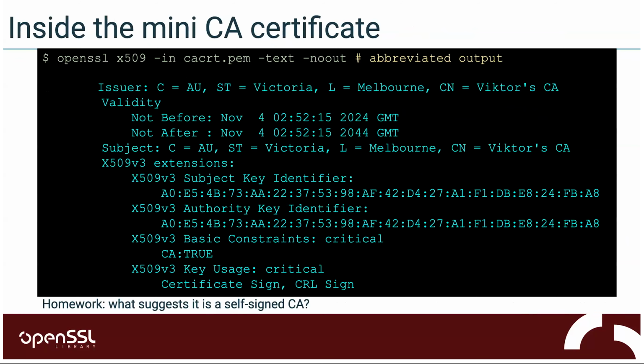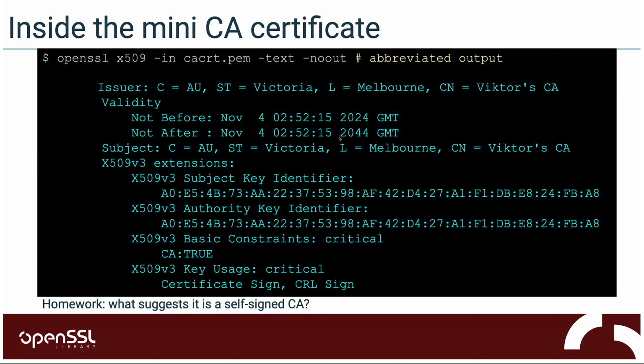Okay. Mini CA certificate. Once you've created it, let's take a look and see what's in there. I'm not showing all of the output, but I'm showing the essential parts. It's got an issuer. It's a copy of our subject name. They're the same, which is what you'd expect from a self-signed root CA. The issuer and the subject are the same. I asked for 20 years worth to the day in terms of duration for the key. So there it is. From November 4th of this year to 2044.